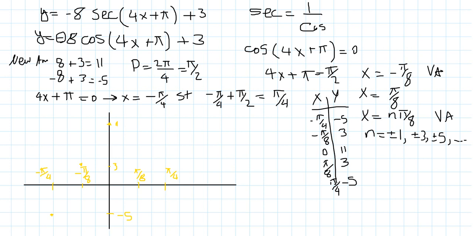Pi over 8 and 3. Let's show it by another color. This point, this point, this point, and pi over 4 with minus 5. This is the last. Now I want to draw the graph of cosine.